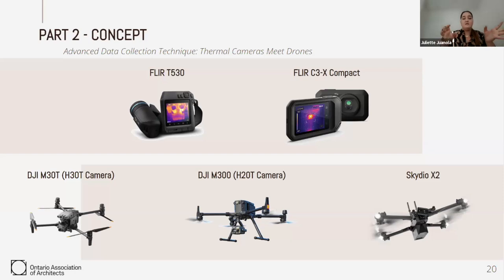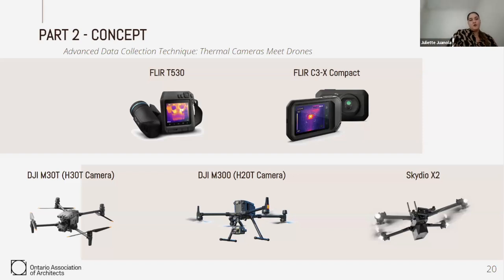But basically, if these cameras are installed on drones, it is possible to collect more data in very little time and to have more data points, and also to access some parts of the buildings that operators would usually not have access to, or not as easily, such as the roof, or if you work on high rises, you will have the ability to scan some upper parts of the walls and of the building.